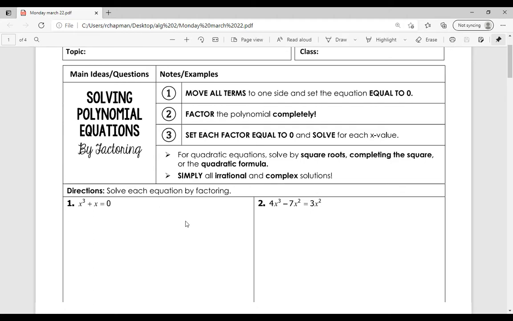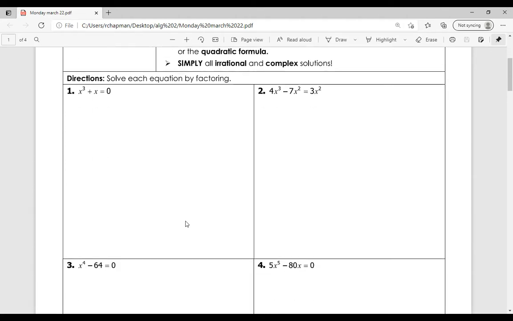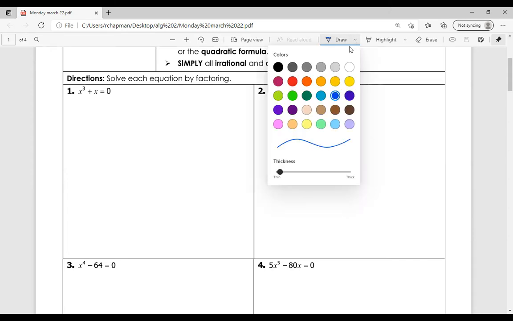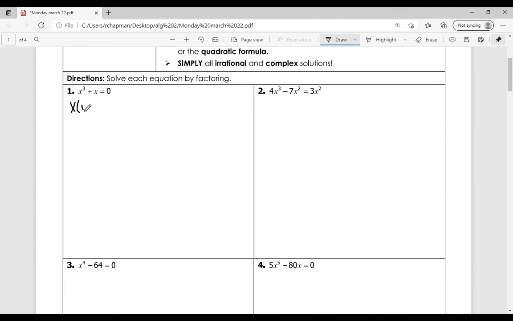So in number 1, I call it a higher order because it's bigger than a square. It's set to 0, so we don't have to worry about that. But do you see a greatest common factor in there? So I'm going to take out the x, and that leaves me with x squared plus 1.